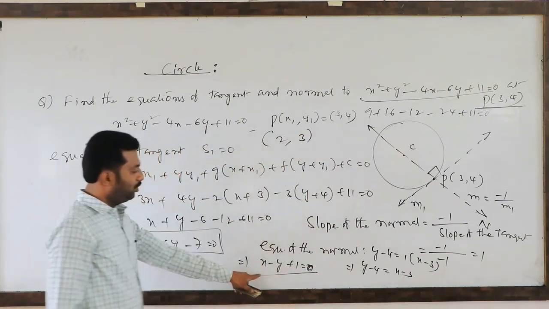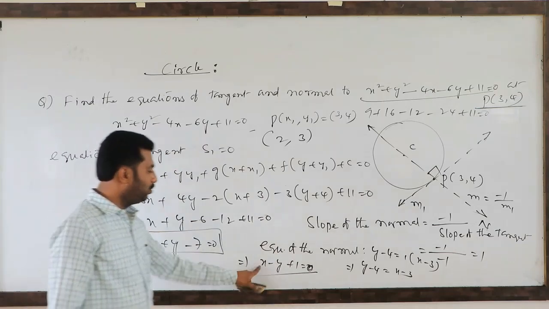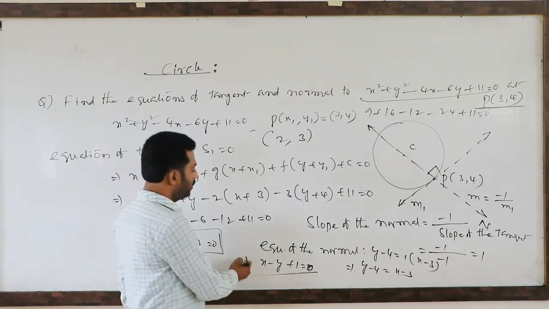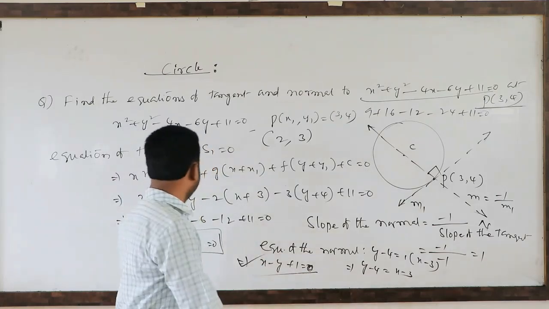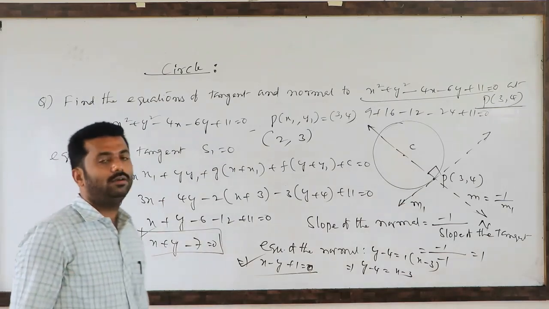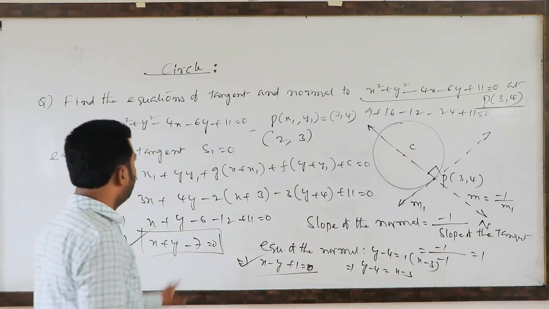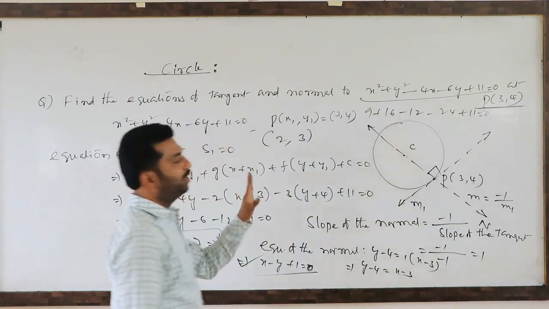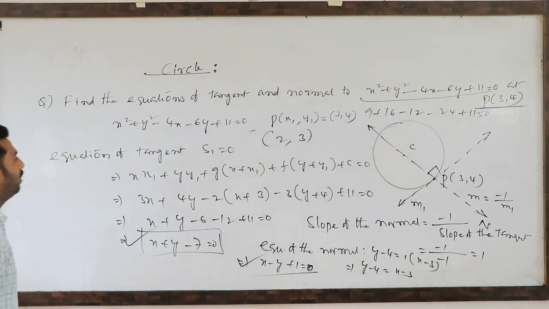Substitute 2, 3 here: x value 2, y value 3 plus 1, it will be 0. So this is the equation of the normal, this is the equation of the tangent. Like this we have to answer problems based on one circle at the one point they have given: what is the equation of the tangent, equation of the normal.